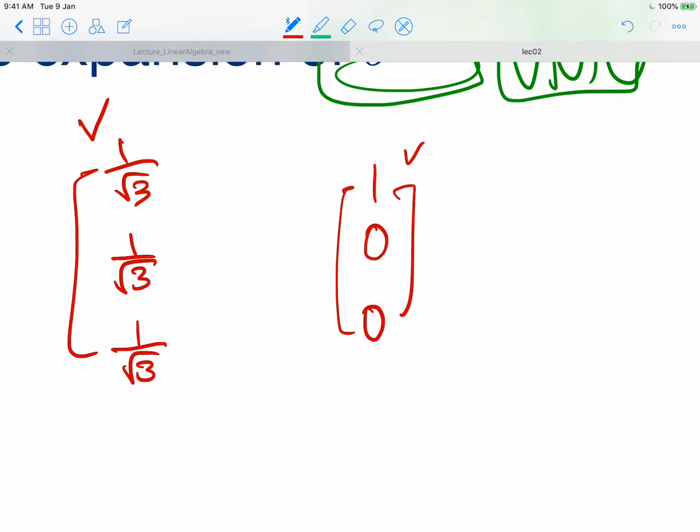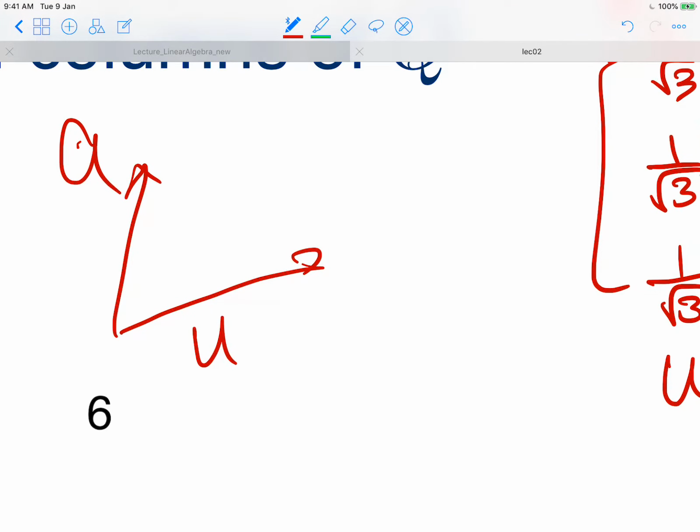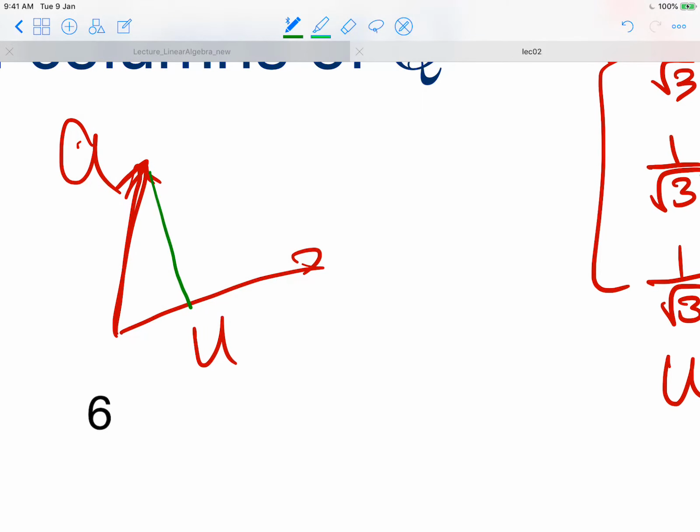So we have this line. Suppose this column is U, and we have the line spanned by U, and suppose this is the vector A. We want to decompose this A into two parts, where the first component is parallel to, or on the line spanned by, U, right?